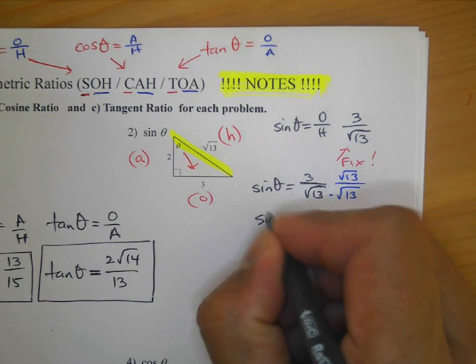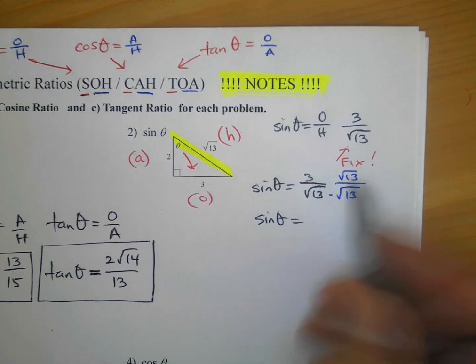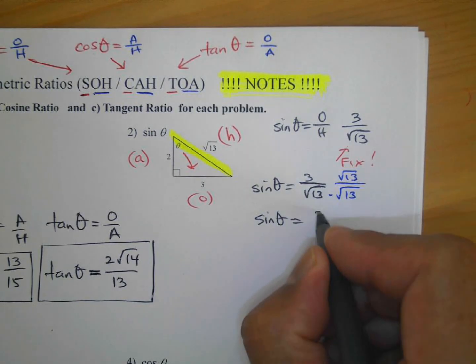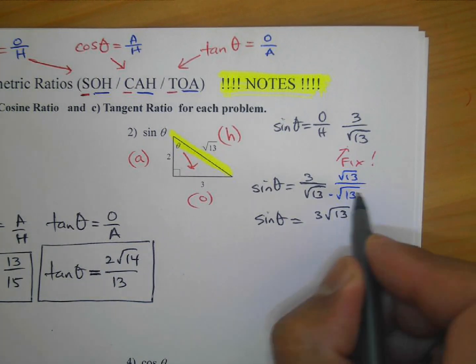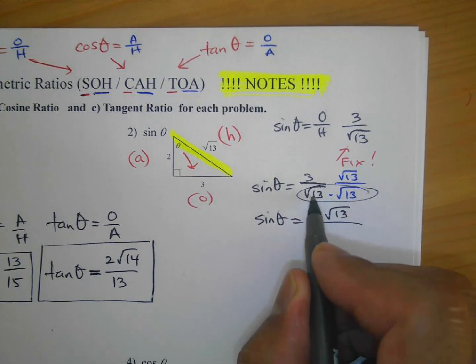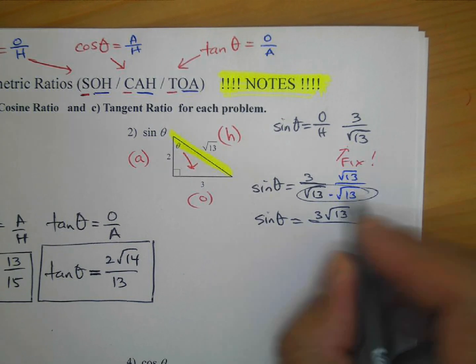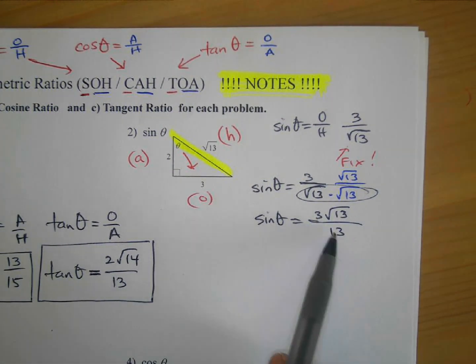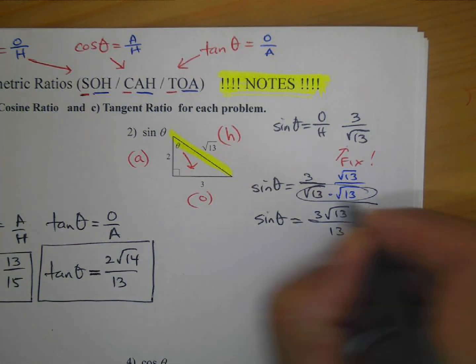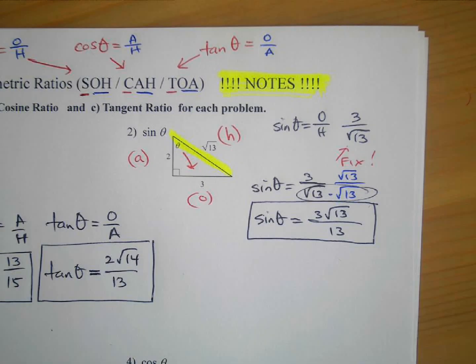And then you're going to get sine is equal to 3 times the square root of 13 in the numerator, 3 outside and the square root of 13 there. And for the denominator, the square root of 13 times the square root of 13 is just 13. Always check and see if those can reduce. These do not. That's the ratio for sine.